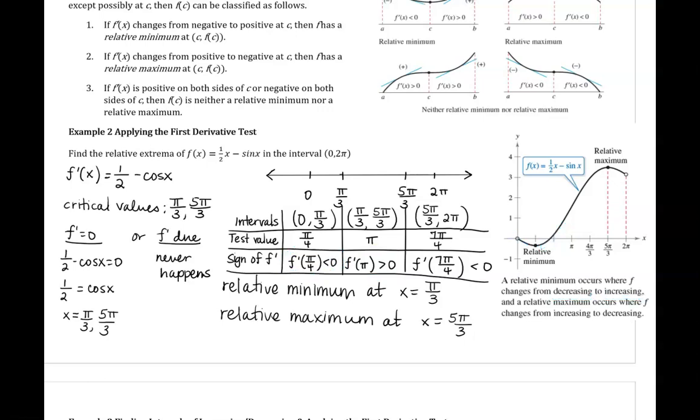There is a relative maximum where the function changes from increasing to decreasing, meaning that the derivative went from positive to negative. When you are using the first derivative test, you have to show the sign of the derivative.